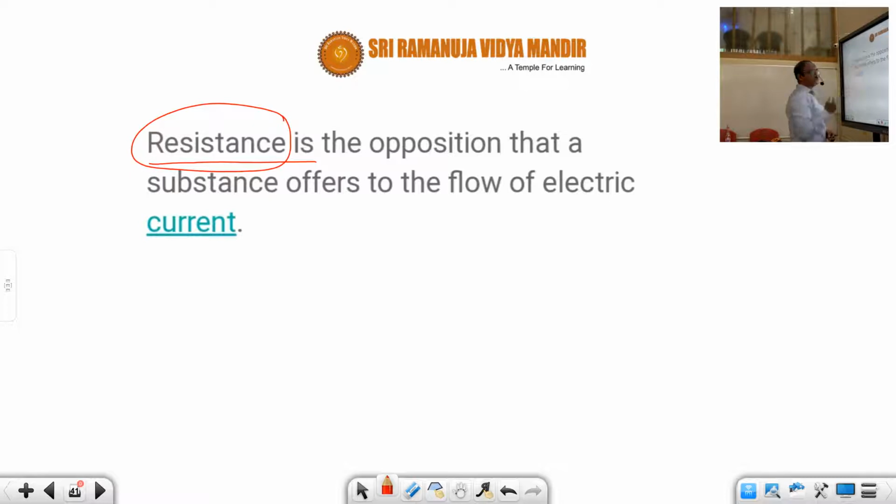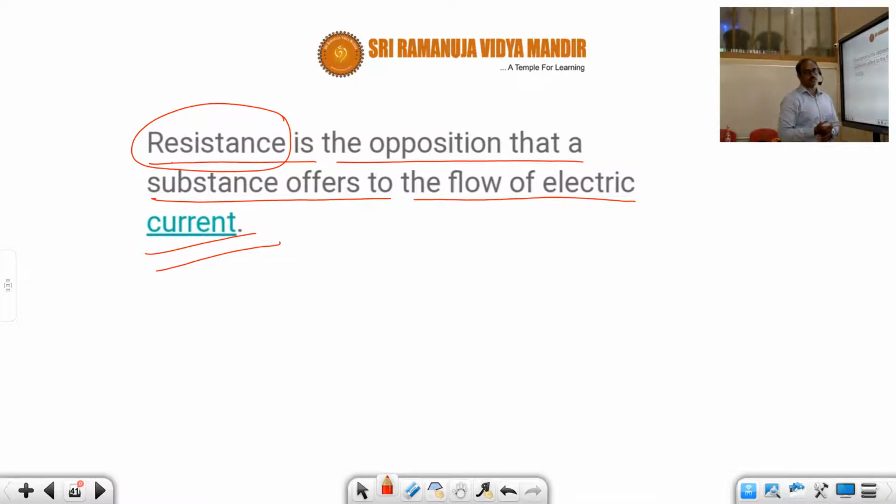From the term itself we can define the resistance. It is nothing but the opposition that a substance offers to the flow of electric current. The opposition to the flow of current offered by the substance is called the resistance.